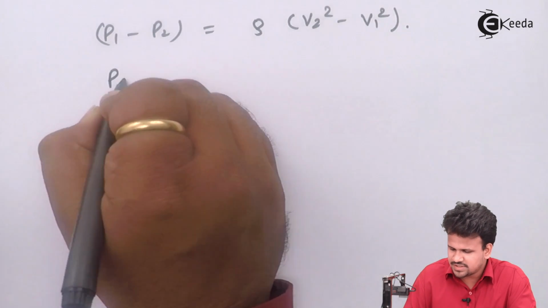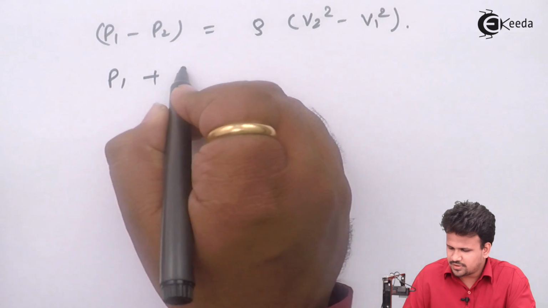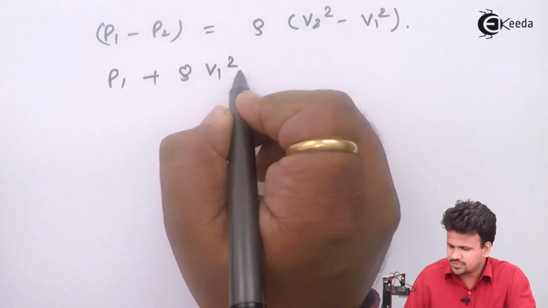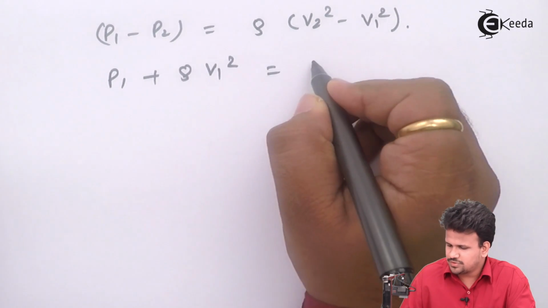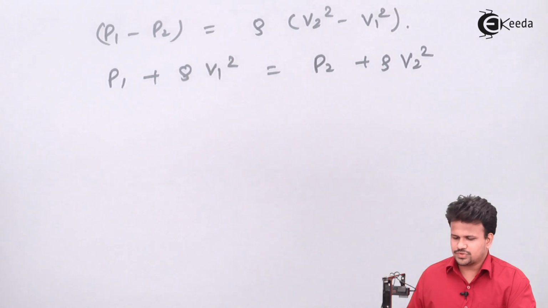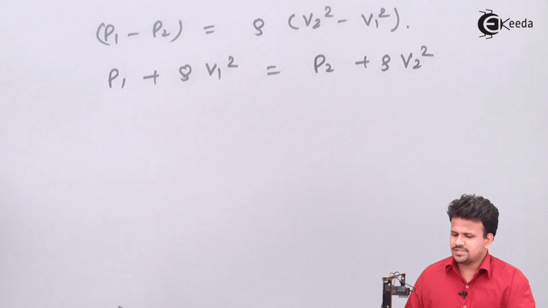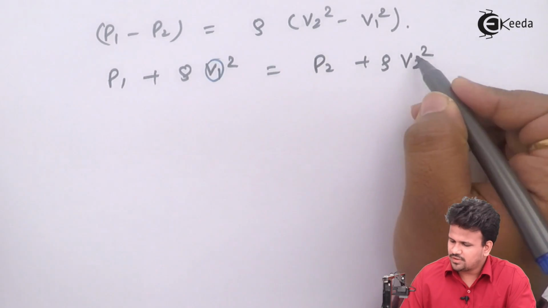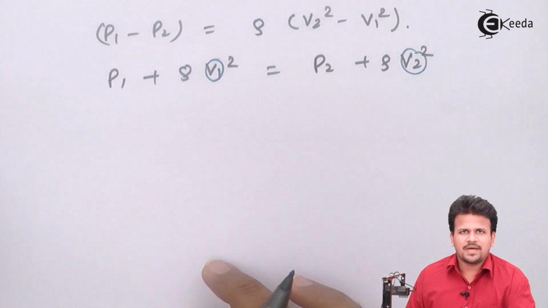So this can be written as P1 plus rho into V1 square is equal to P2 plus rho into V2 square. Now we can represent the velocity of the fluid in terms of Mach number.